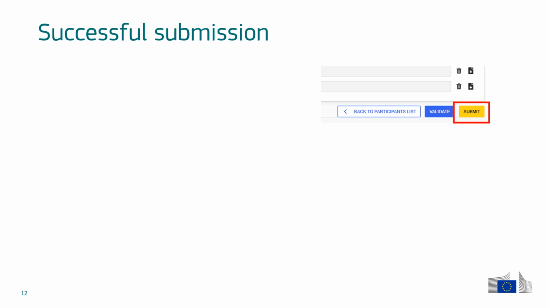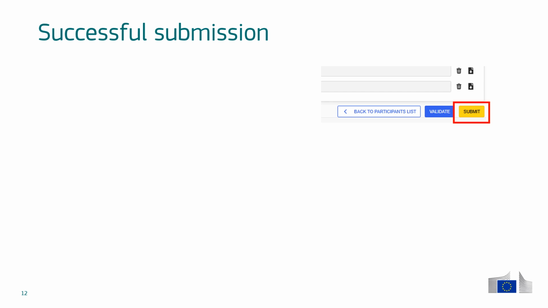You need to do so before the call deadline, otherwise your proposal will not be admissible. It is highly recommended to submit your proposal as early as possible and at least 48 hours before the deadline in order to avoid technical problems such as system requirements, local configuration settings, system congestion, etc.